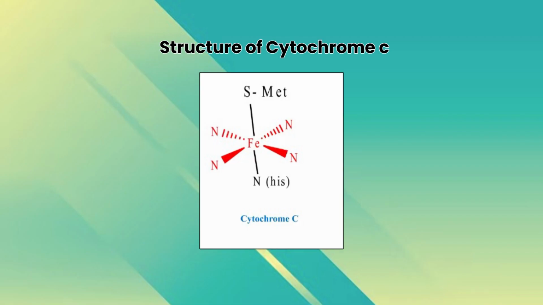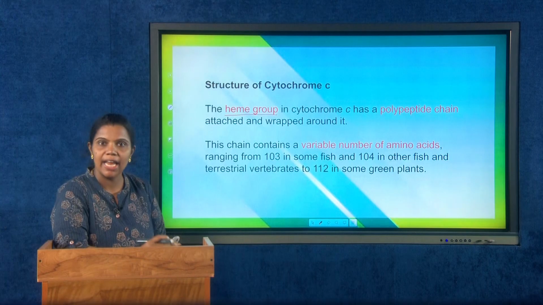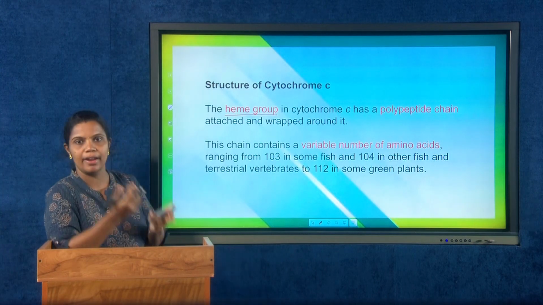Now, let us see the structure of cytochrome C. In cytochrome C also we have the main structure, that is the basic heme group, and then it has a polypeptide chain that is attached or wrapped around it.